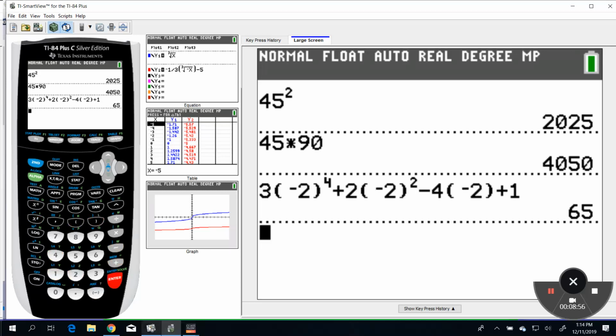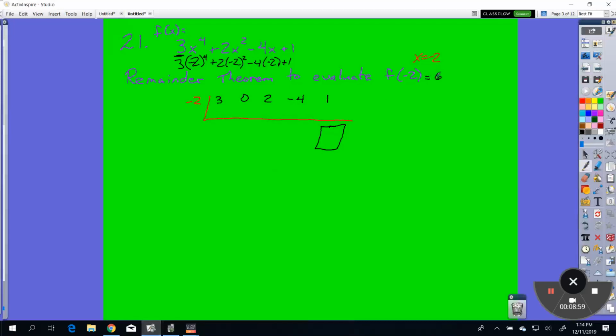I get that it's 65. So when x equals -2, I get 65.